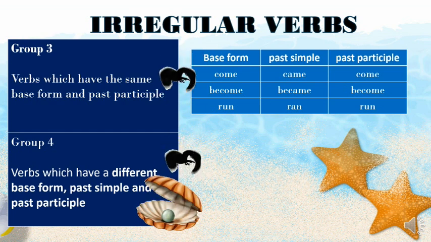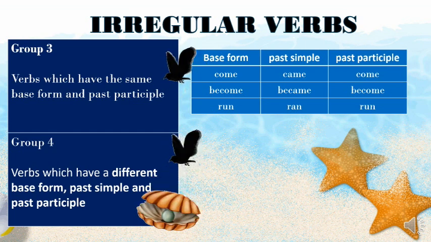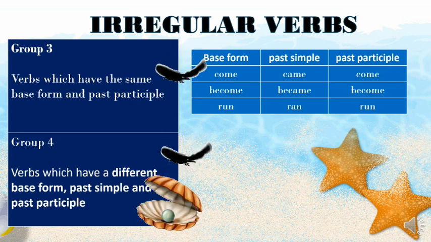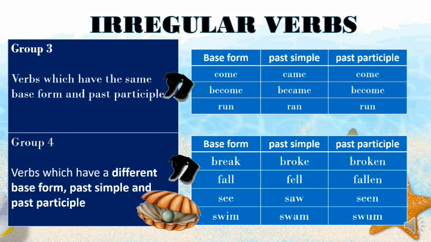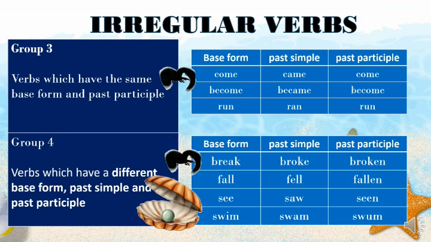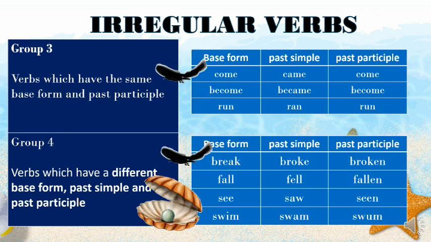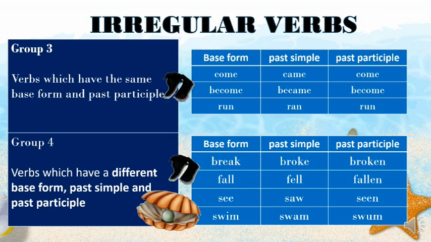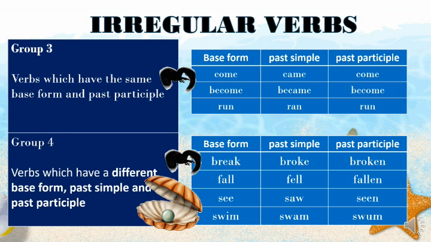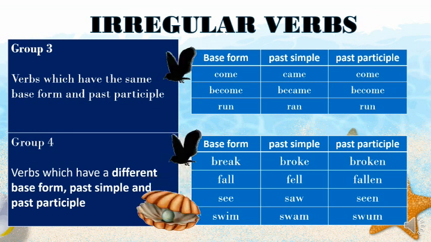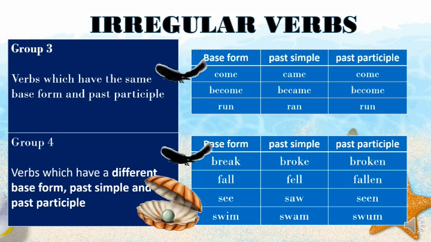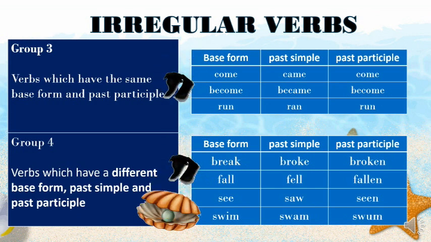Okay, let's see. In the fourth group, there are words which have a different base form, past simple and past participle. Let's see. Break, broke, broken. See, it's changing. Fall, fell, fallen. See, saw, seen.